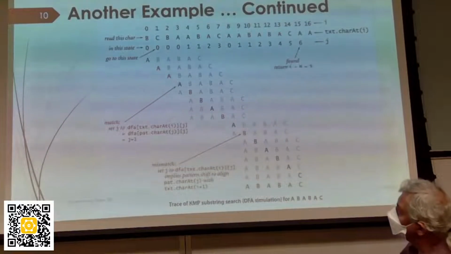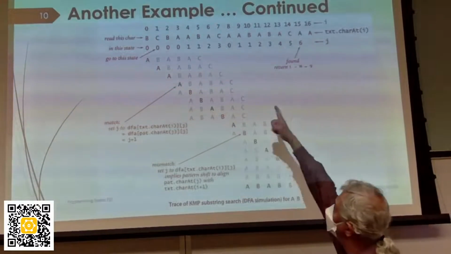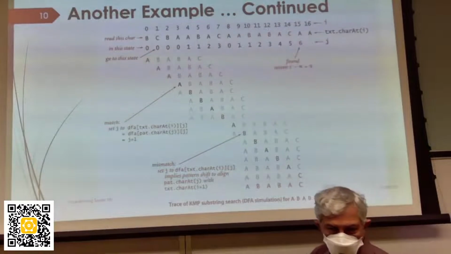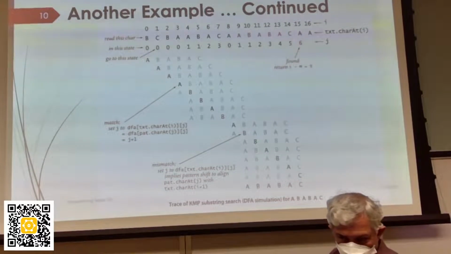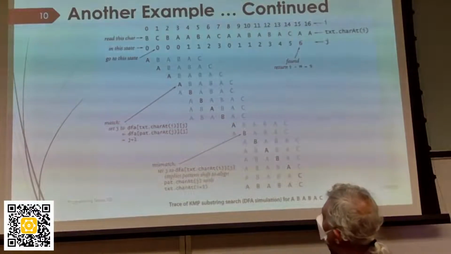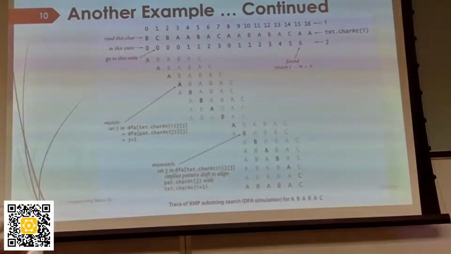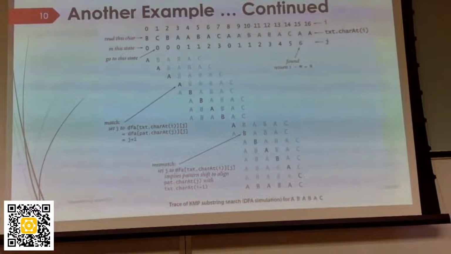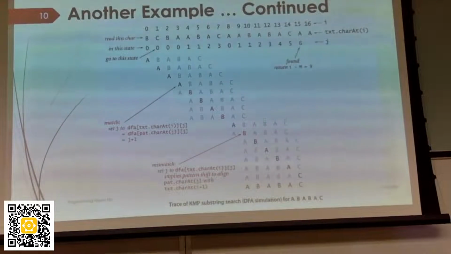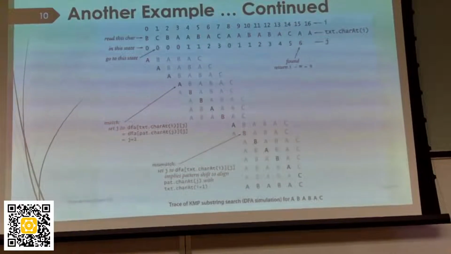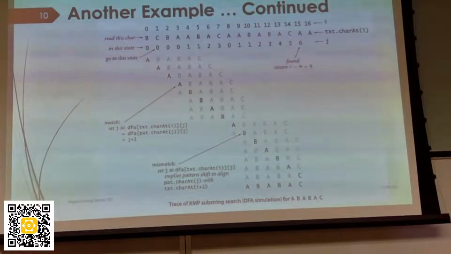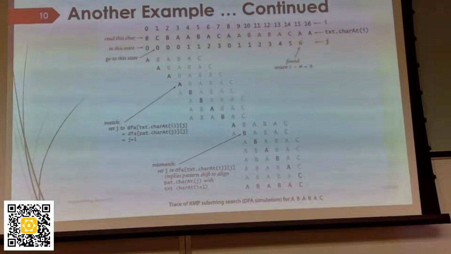Here's the general idea. That's my text up there on the top line, and my pattern, of course, is ABABAC. So the text is that long thing. It shows 16 characters. It could be 1600 characters. You don't really care. The pattern is only 6 characters, ABABAC.